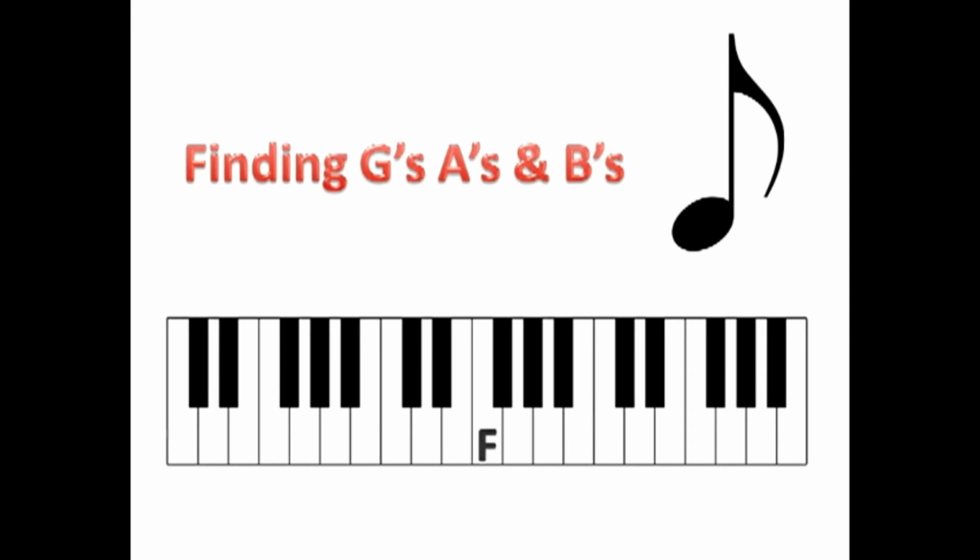Next, look between F and C. The next white note up from F is obviously G. Since you can't go any further in the alphabet beyond G, what do you think the next note is? That's right, it's A, and then B is the very next white note, and the next white note you are back on C. All this really boils down to is identifying C and F and just filling in the gaps to identify the rest of the notes.